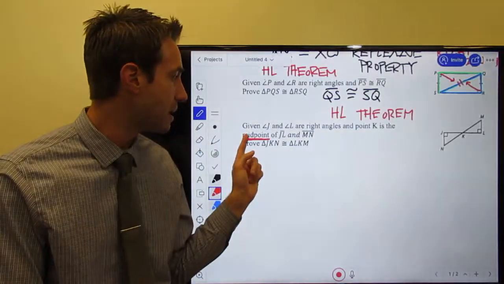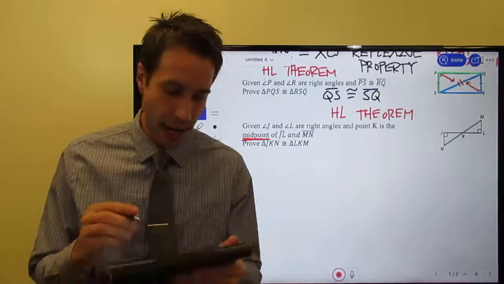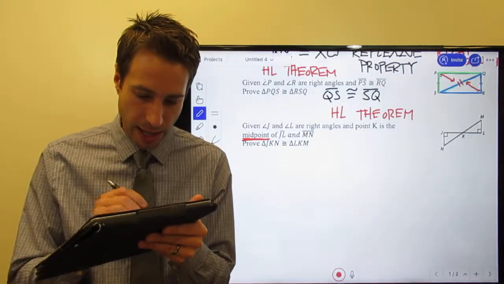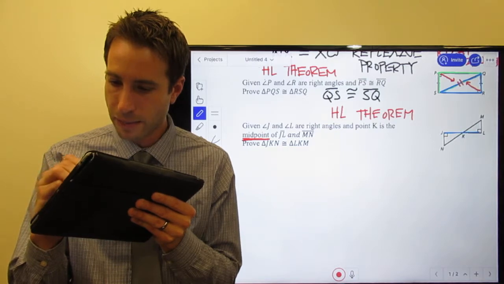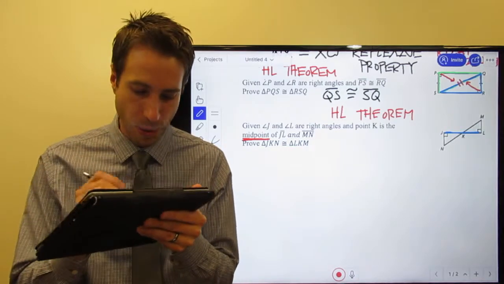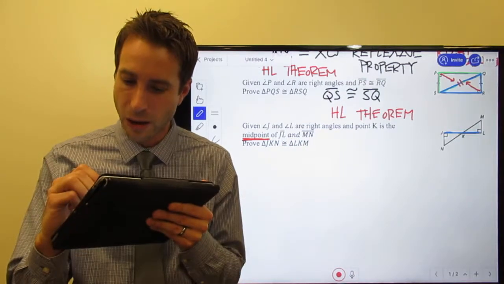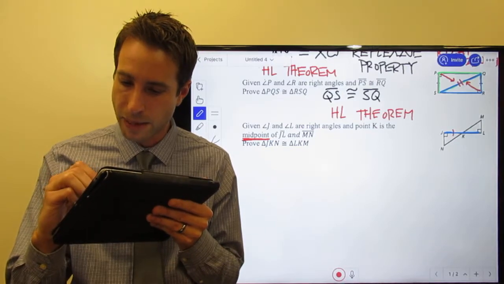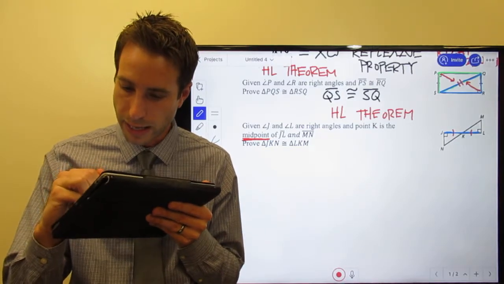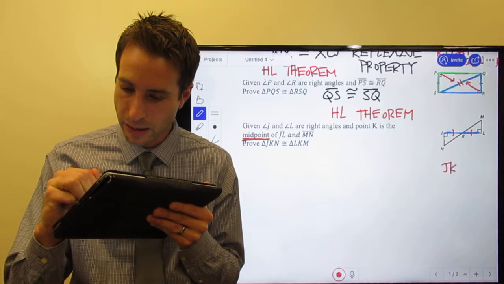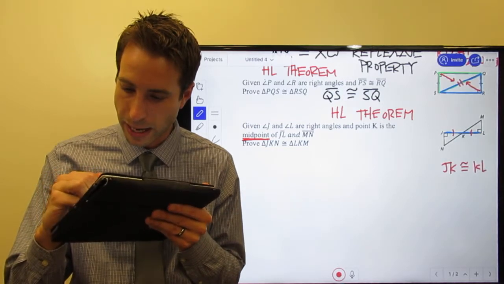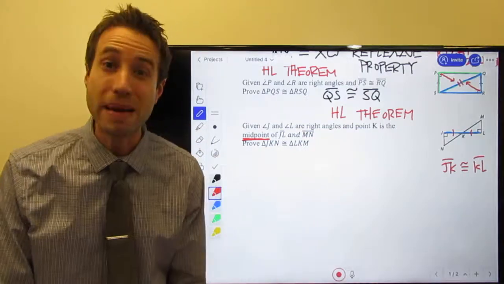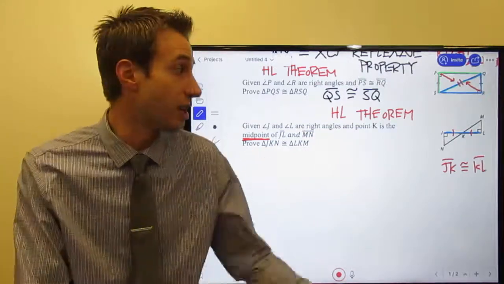So K is the midpoint of JL. Well, where's line JL? There's line JL right there. And if K is the midpoint, what does that tell me about JL? Well, that tells me that JK must be congruent to KL. Has to be. That's the definition of midpoint.